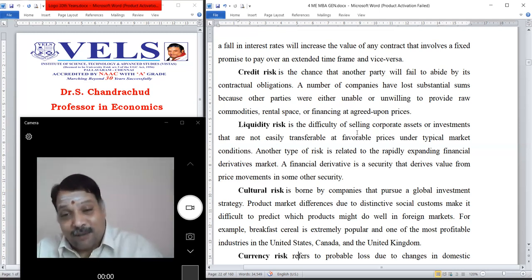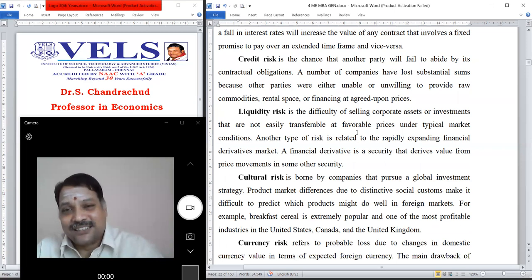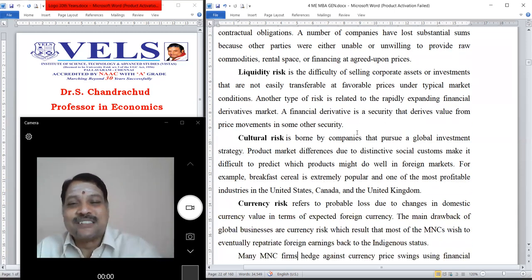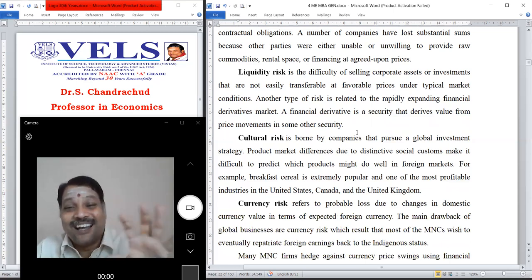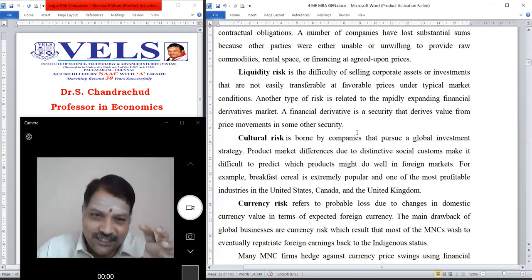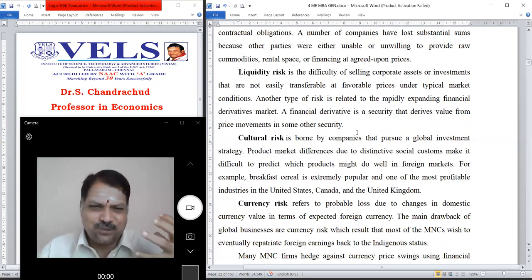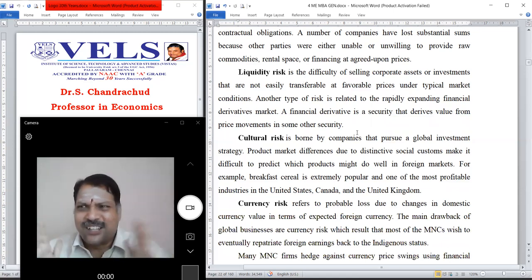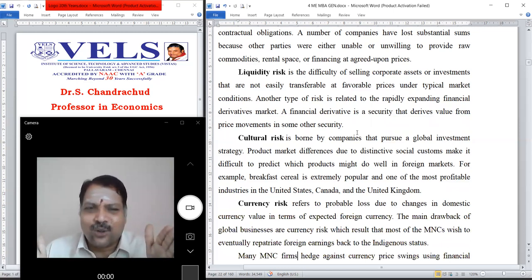Then apart from these types of risk like credit risk, business risk, economic risk, liquidity risk, there are two more risks which are related to tradition or culture. The cultural risk pursues based on the region or the rules and regulations followed in that particular industry. That makes a cultural risk.